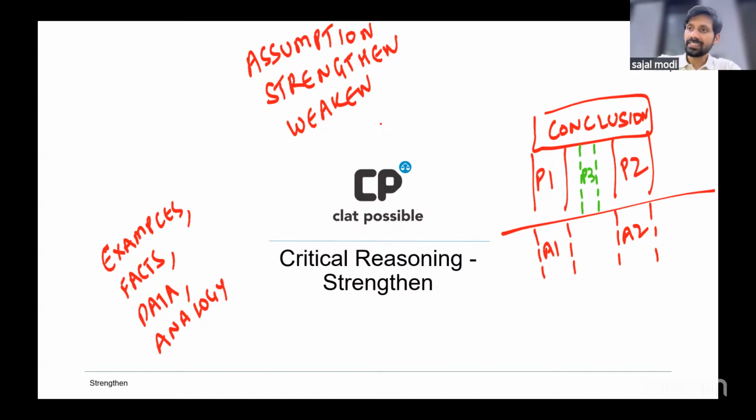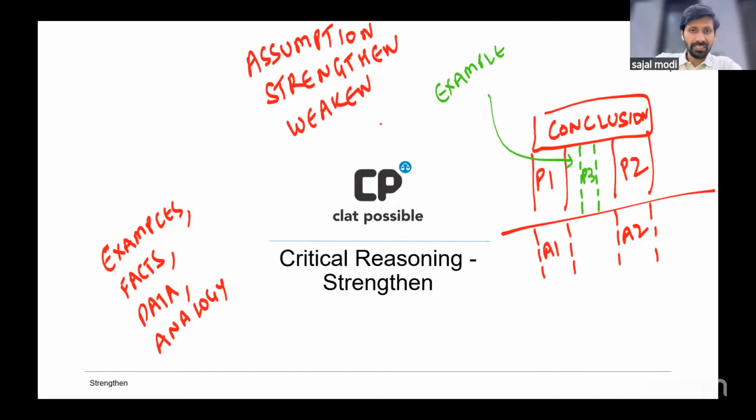So again, the option itself could contain an example, right? We said the premise statements can be in form of examples, some data, some analogy, right? Some fact.